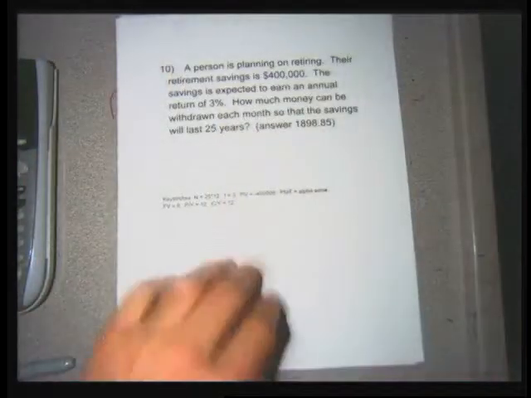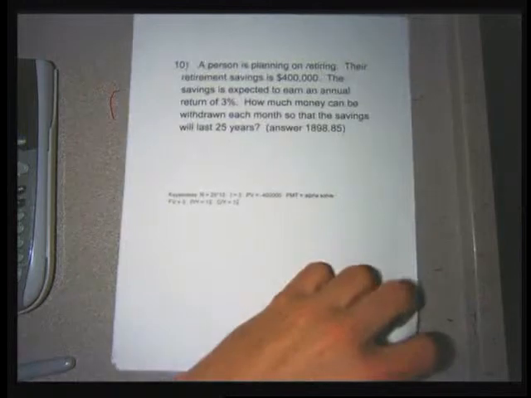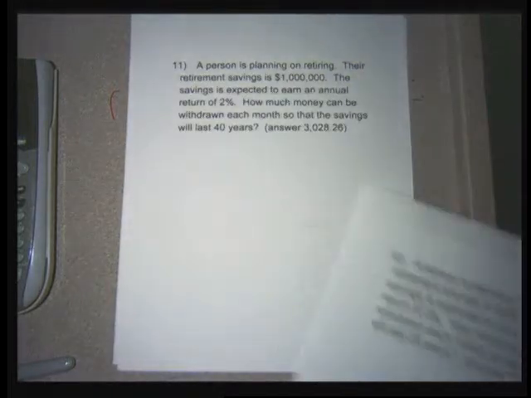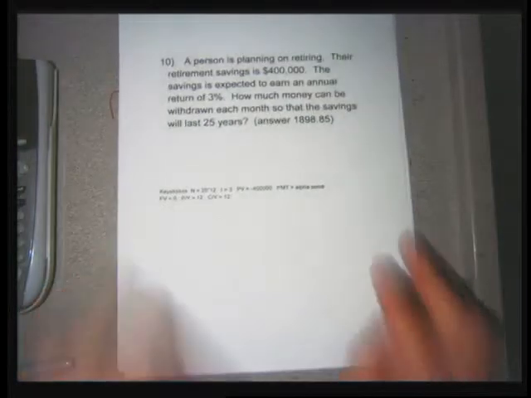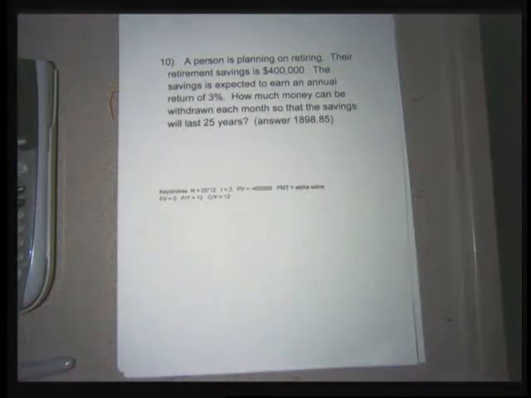And this gets to the portion of the handout where somebody's done saving. They saved up all the money they're going to save, and now they're going to start pulling money out. This person gets to retirement, and they have $400,000 in their account. Generally, when people retire, they change their investments to get much more conservative, because when you're 30, if you make a bad investment and lose money, you have a lot of time to make that up.